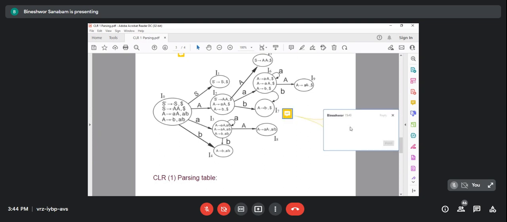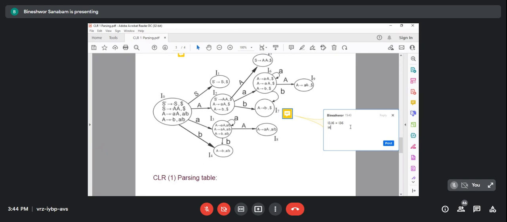So we know that I3 and I6 are equivalent. Instead of this, it's going to be replaced by I36. Whatever has the same LR0 items is going to be grouped up in this manner.